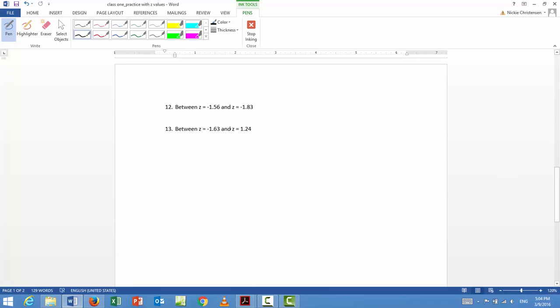Now the final problem we want to do, well, maybe you don't want to do it, but you have to, is to find the area between z values with different signs. I'll draw my curve. Question 13 says find the area between z equals negative 1.63 and z equals positive 1.24. And here, of course, is my mean.